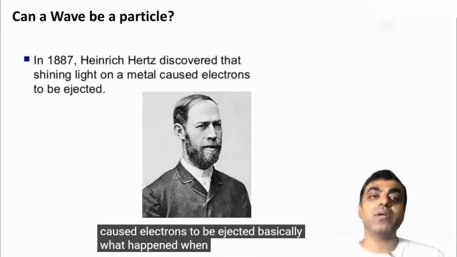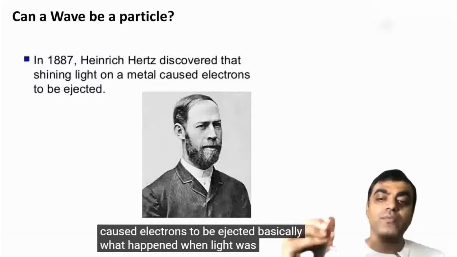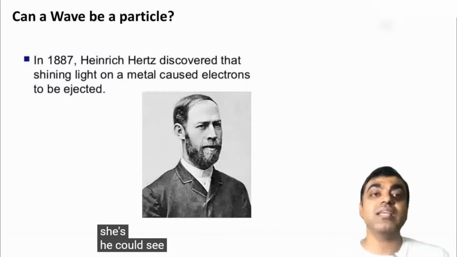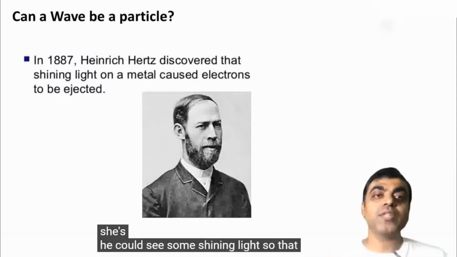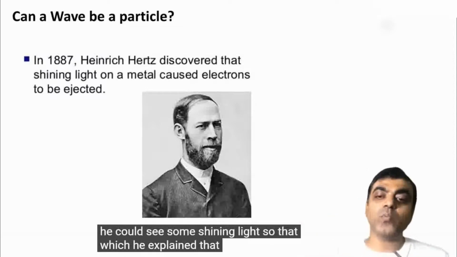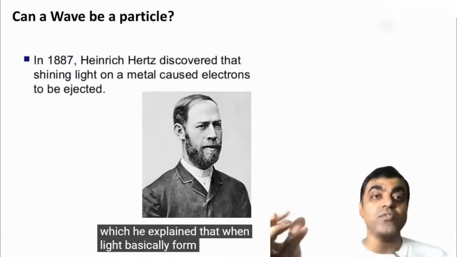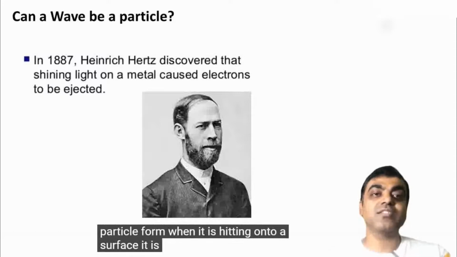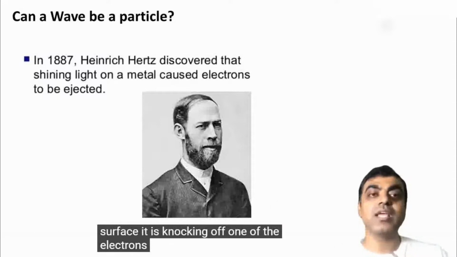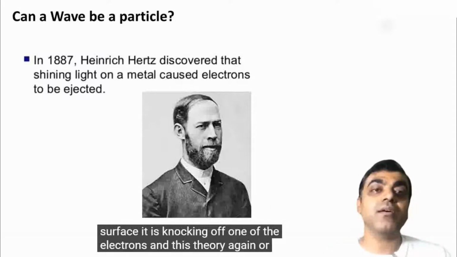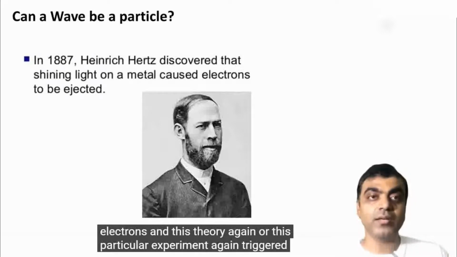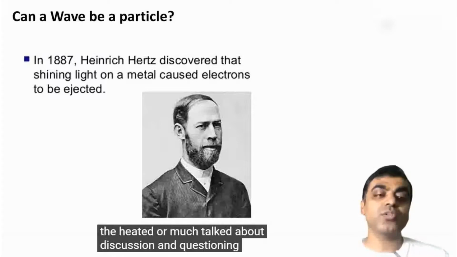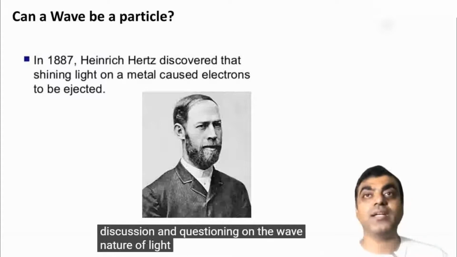Basically, when light fell onto a metal surface, he explained that light, a form of energy in particle form, hitting the surface was knocking off electrons. And this experiment again triggered heated discussion and questioning on the wave nature of light.